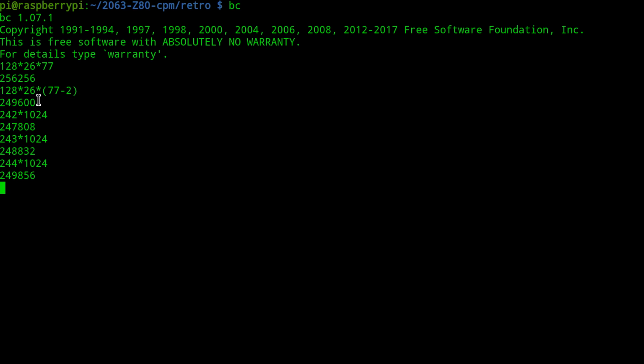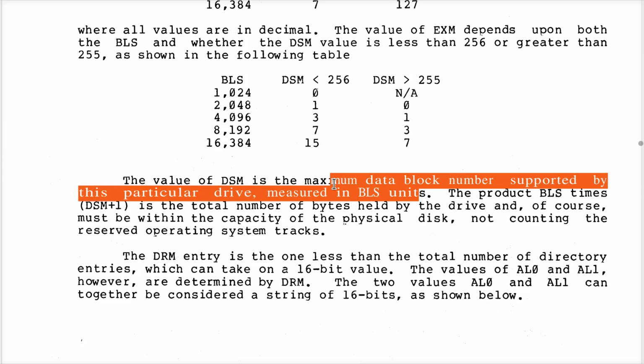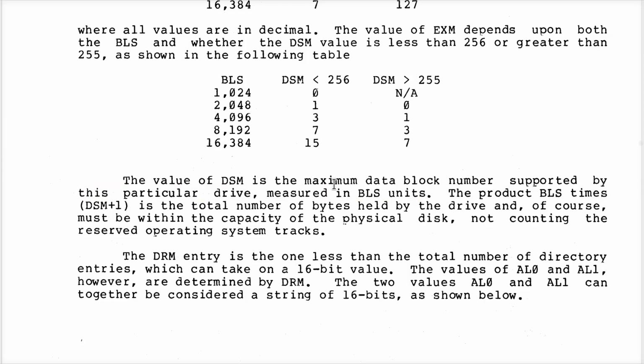So you have to round it down. The last few sectors on an 8-inch floppy disk are never used. So the takeaway is that this note here can be taken literally, all right? So this is the total number of bytes held, expressed in BLS units, which is 1K for the 8-inch floppy, not counting the reserved tracks. All right?